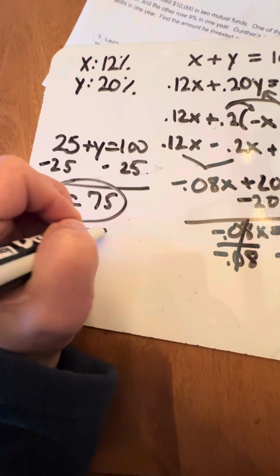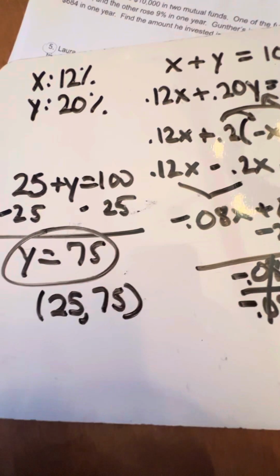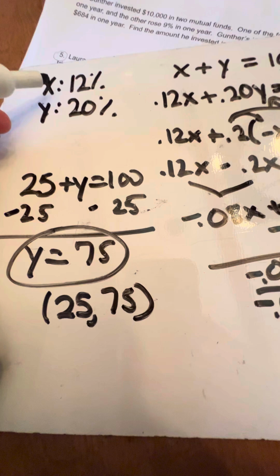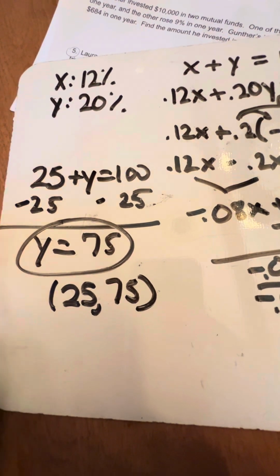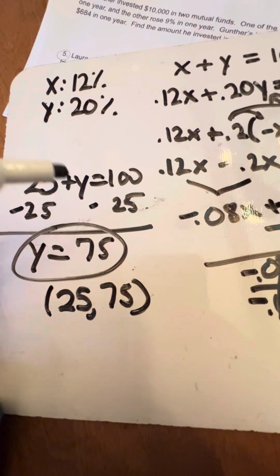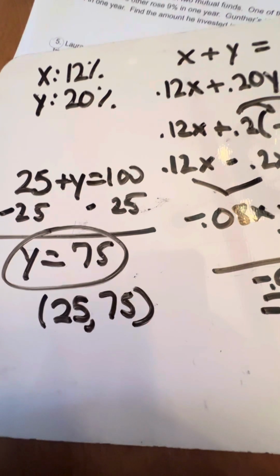So your x coordinate followed by your y coordinate. These are the coordinates that you have for that answer. And my answer would be that I would have 25 gallons of that 12% solution of acid, and I would have 75 gallons of the 20% solution, which would make up that combination of an 18% combination.